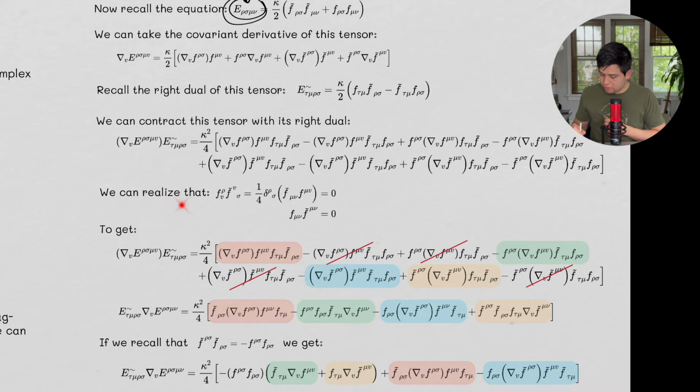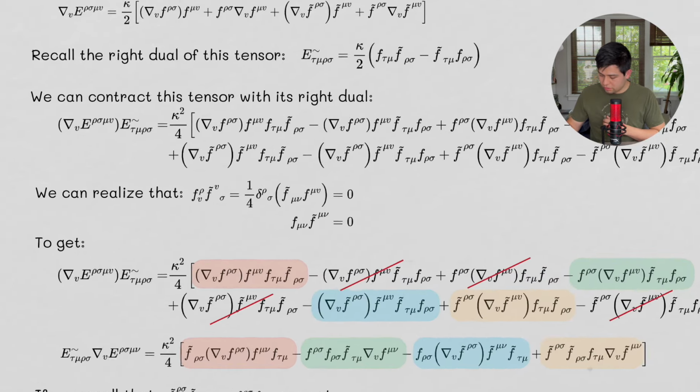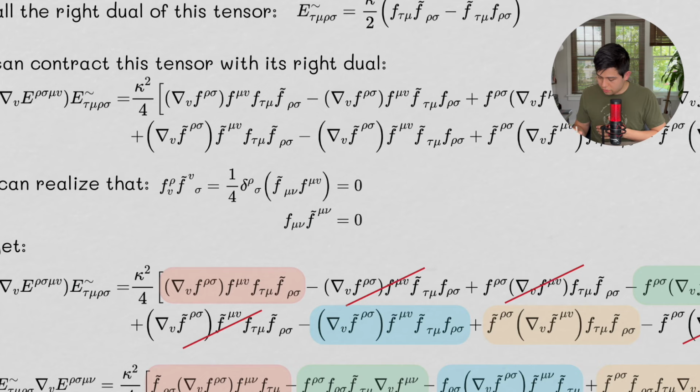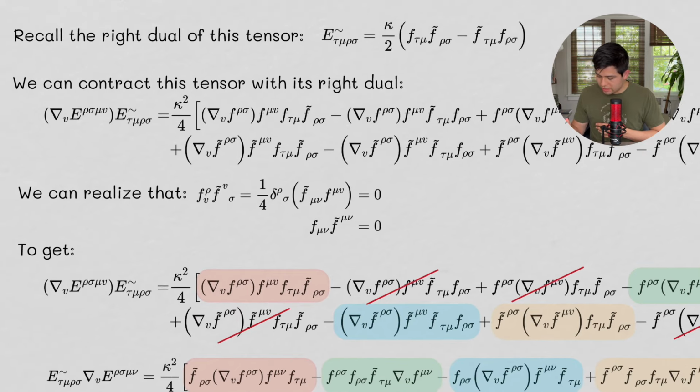So we can realize this fact here. This is nu on top, sigma on bottom, okay? But we can realize that, again, I'll color code a few things: rho, nu, sigma.